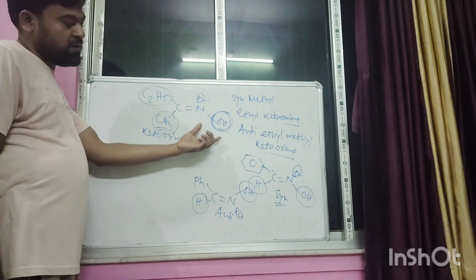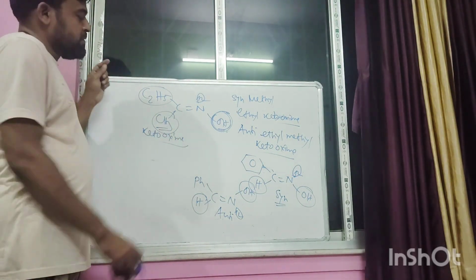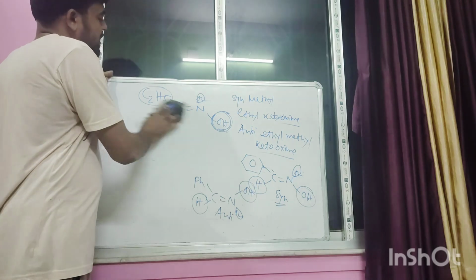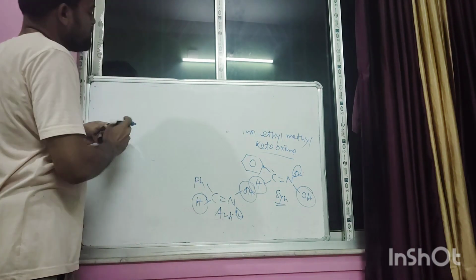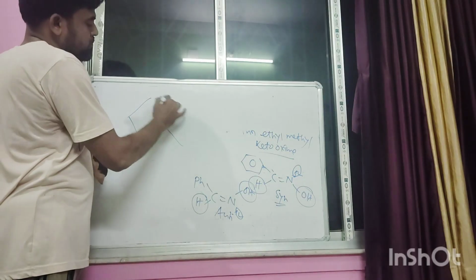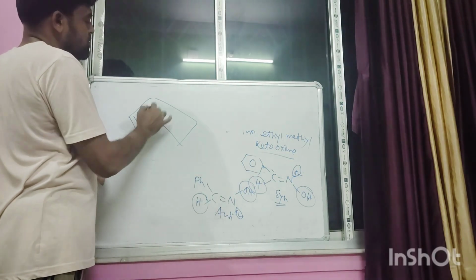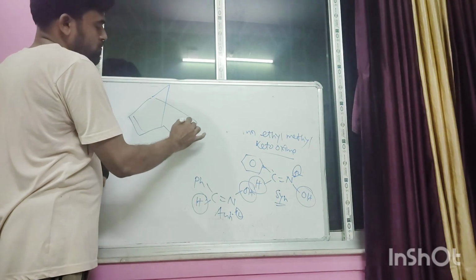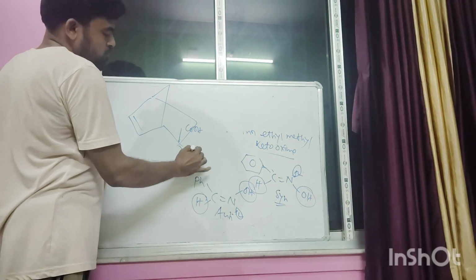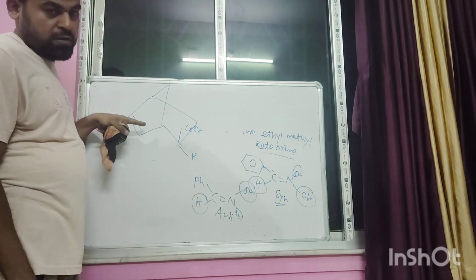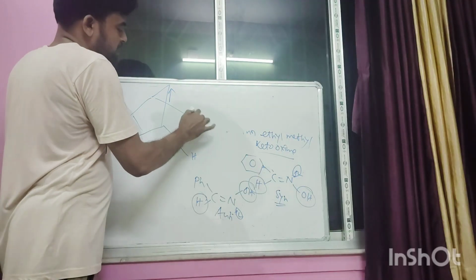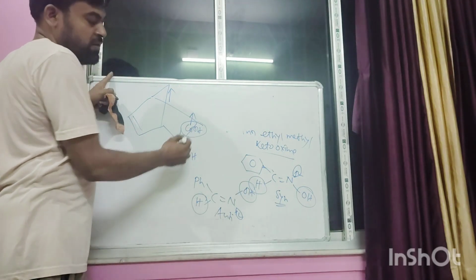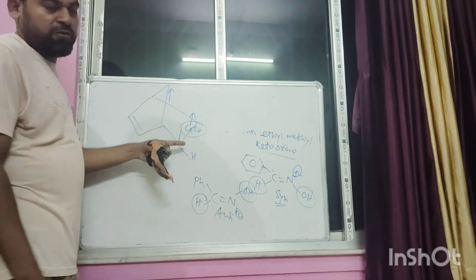Here it is to be considered with respect to OH, and the other is exo and endo. Let us take an example here. Between these two groups and COOH, COOH has priority 1.